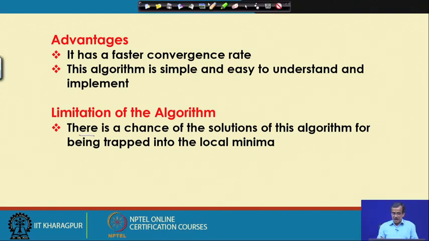Supposing that I have a function y of only one variable, and I plot it, this is y, this is x, and I am getting a plot. This is a very hypothetical plot.